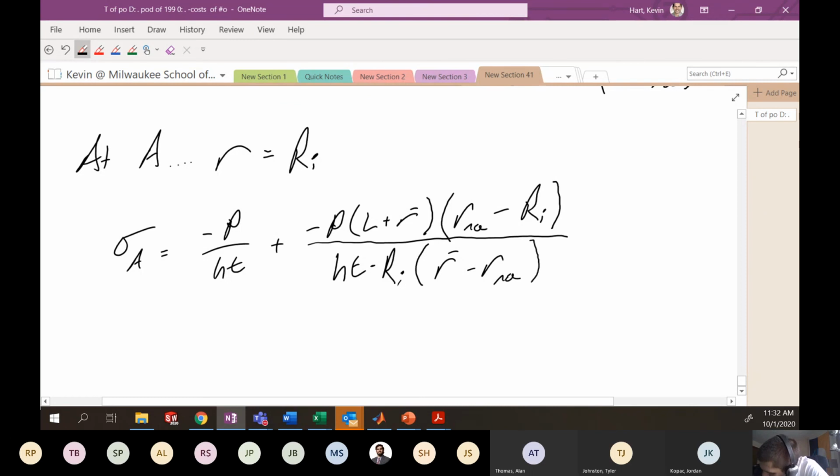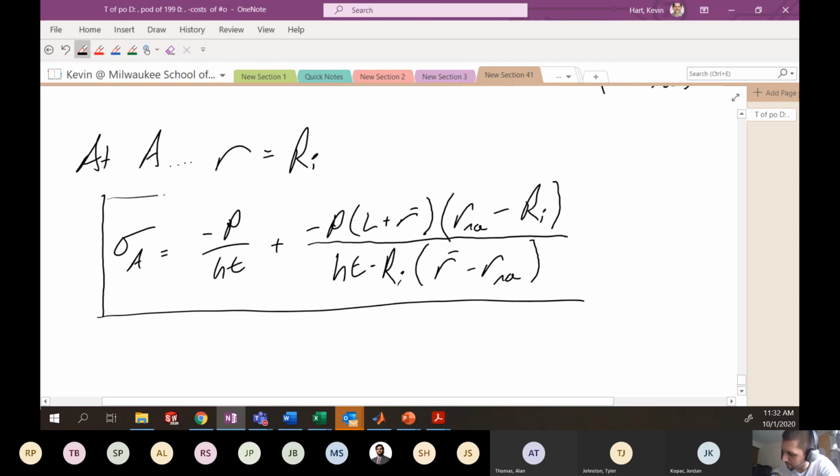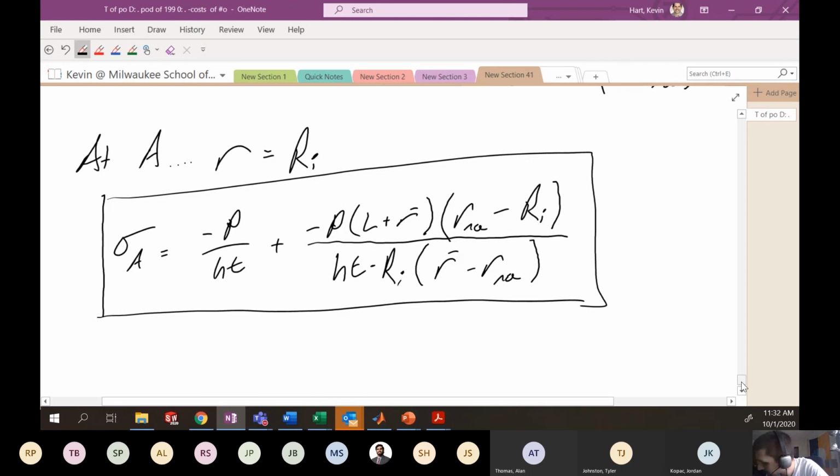Okay, this is your equation for the normal stress at point A using your curved beam formulation.